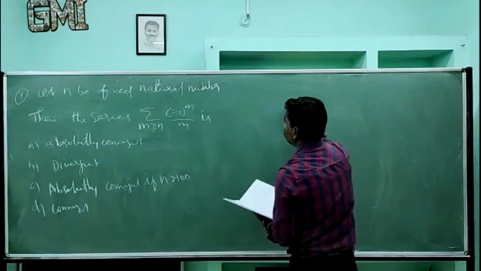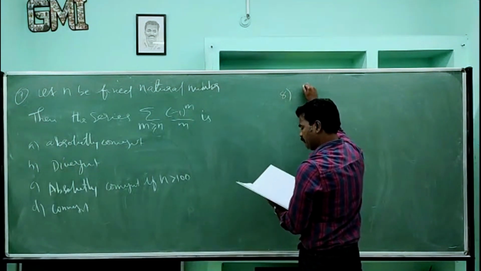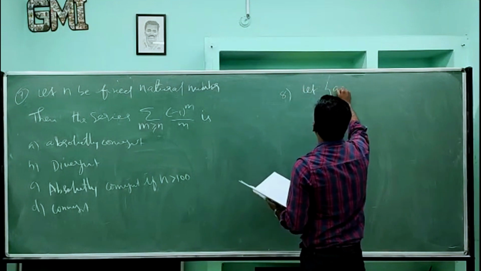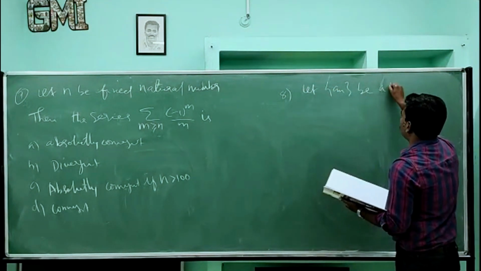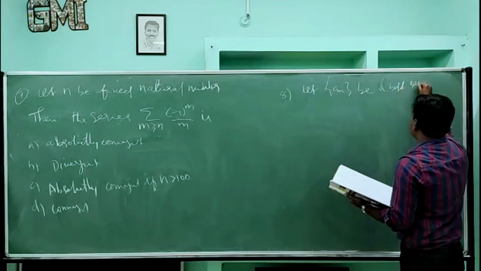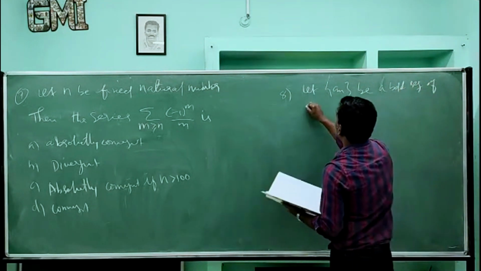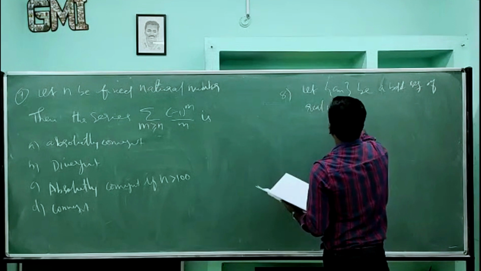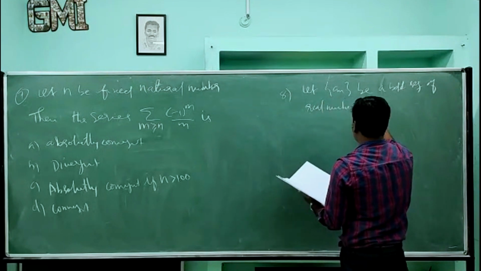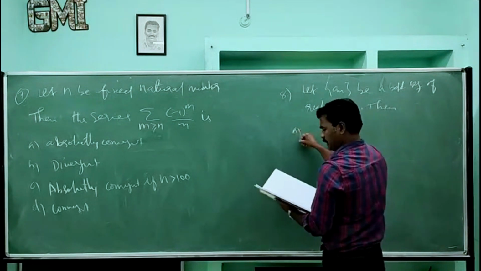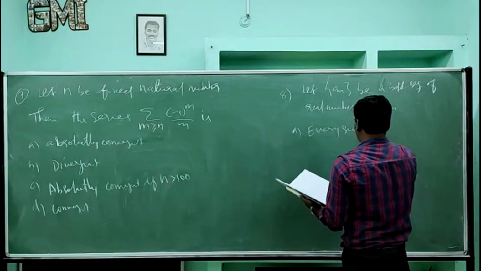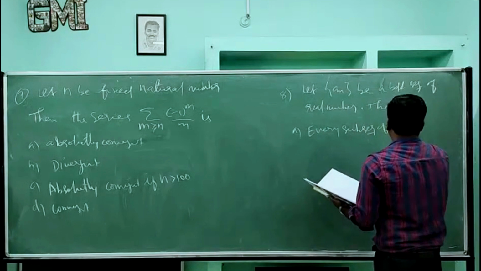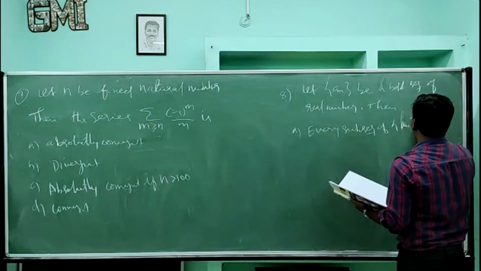So another one more problem. Let a_n be a bounded sequence of real numbers. Then option A: every subsequence of a_n is convergent.